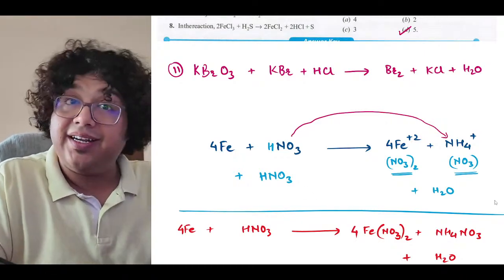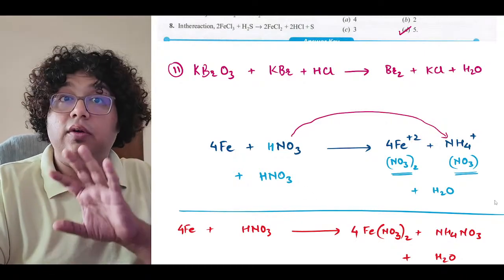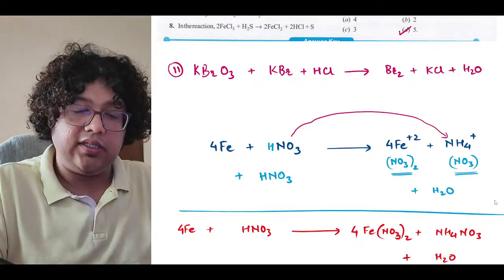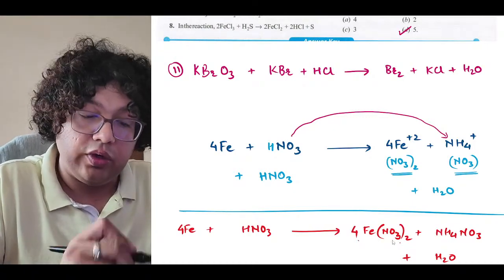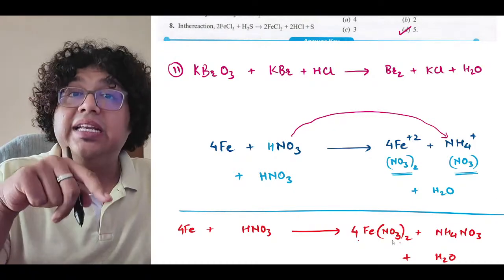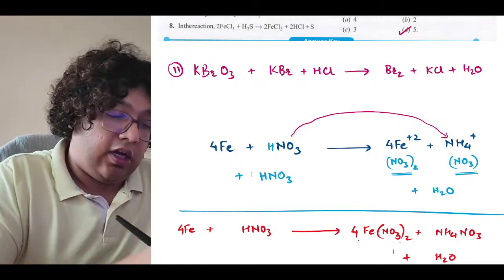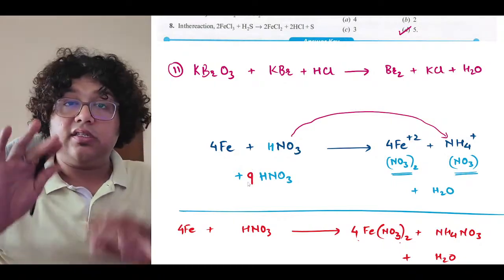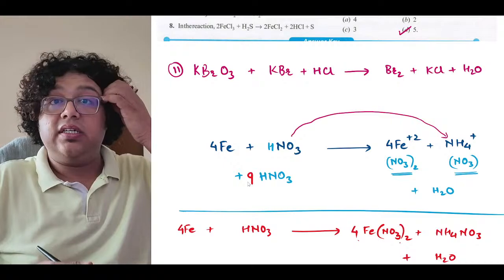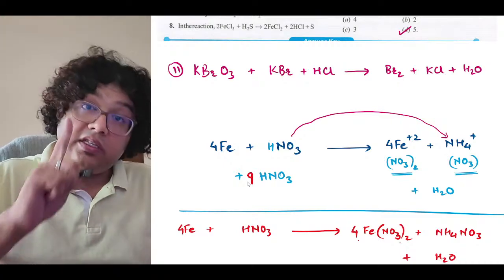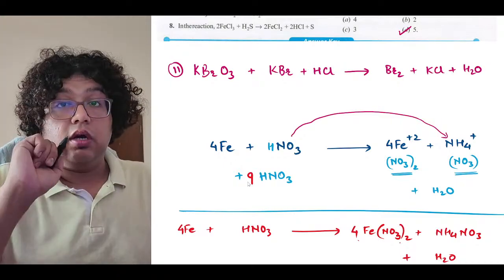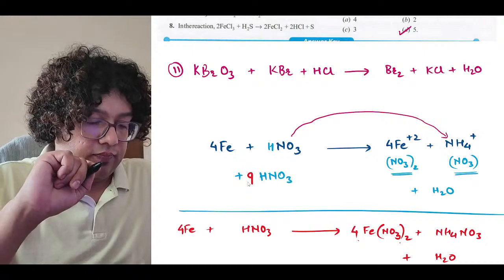So how many nitrate are there on the right side? There are total 4 into 2, 8 plus 1, 9 nitrate ions on the right side. So these 9 nitrate ions are just there to compensate the charges. Whereas one nitrate ion was the one getting reduced. Got it?